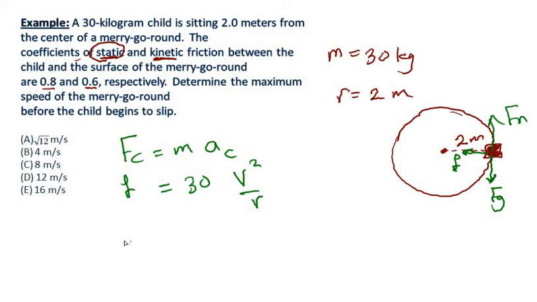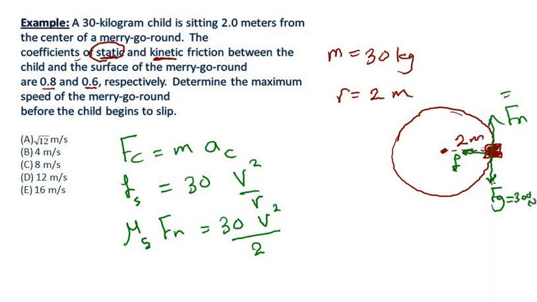The friction force is equal to mu s, because it is the static friction at the time the child starts to move, times Fn, and this is equal to 30 times v squared, the unknown, over the radius, which is 2. Fg equals 30 times 10, or 300 newtons.